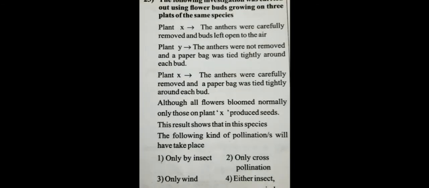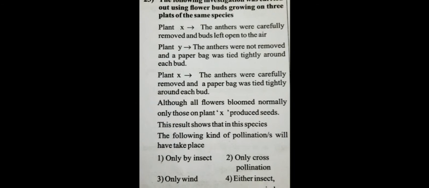The third, the following investigation was carried out using flower buds growing on three plants of the same species. Plant X, the anthers were carefully removed and buds left open to the air. Plant Y, the anthers were not removed and the paper bag was tied tightly around each bud.